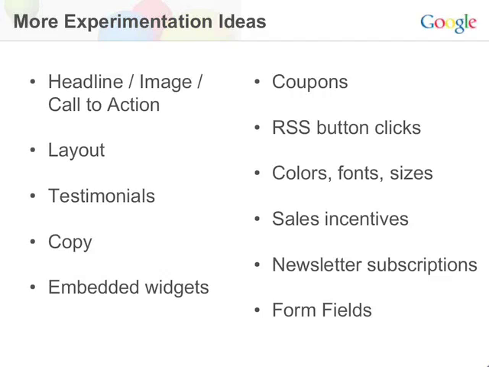Form fields are a great one. A lot of people will say, and I think they're right in many cases, that the more forms you have, the worse off you'll do. And the sort of rule of thumb people have used is, for every additional form you have, you'll drop your conversion rate by 50%. That's not always the case. And going from 10 fields to 9 fields may not be the same as going from 2 to 1 or 10 to 2.